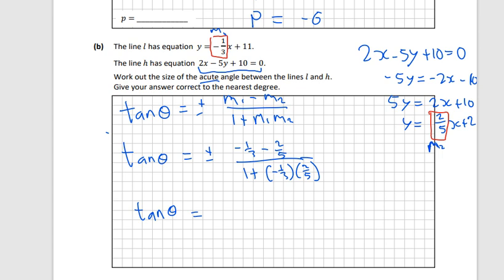So tan theta, if you put all that in the calculator, should give you 11 over 13. And then to get theta, now it can be plus or minus, but if we do inverse, we'll get two answers and only one of them will be positive. So it'll be tan inverse of 11 over 13, and that gives us 40 degrees.